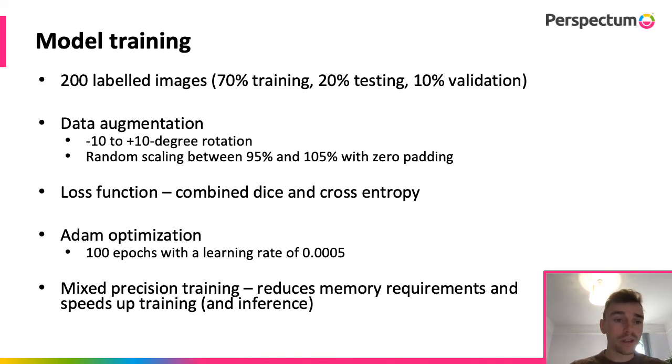We also applied slight data augmentation and had a loss function of combined dice and cross entropy, which we found to perform slightly better than just using either a dice loss or just a cross entropy loss. We also used Adam optimization and mixed precision training, which helped to reduce the memory requirements for the model, again, so we could fit a larger image into the GPU memory, and it sped up training time and inference.